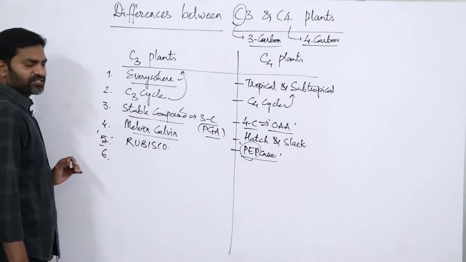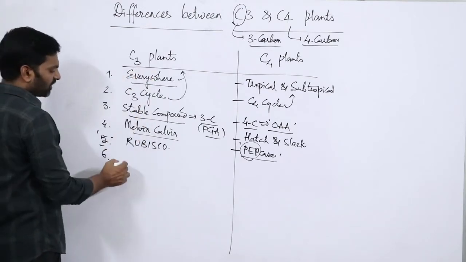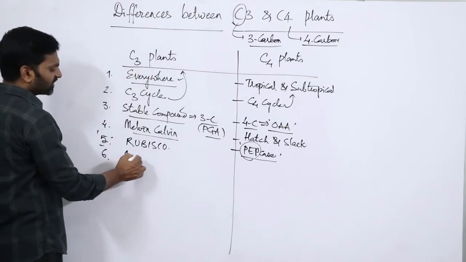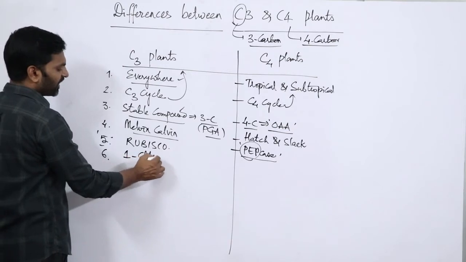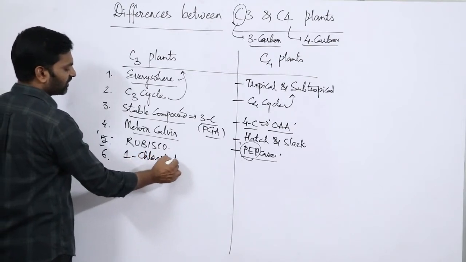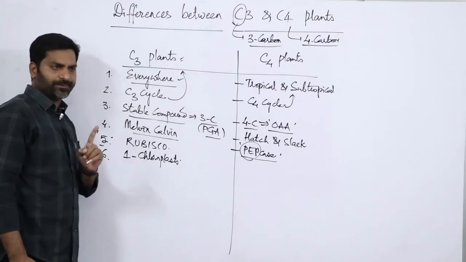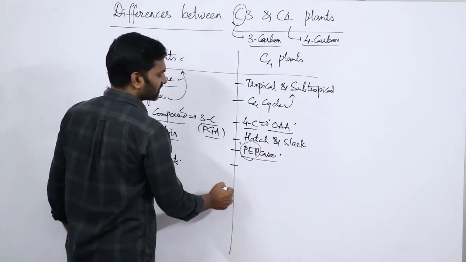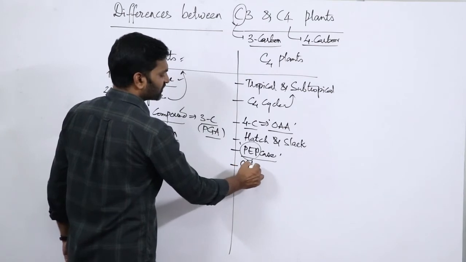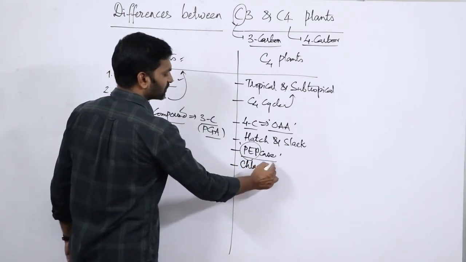The sixth difference is that only one single type of chloroplast is seen in C3 plants, whereas in C4 plants chloroplast dimorphism is seen.